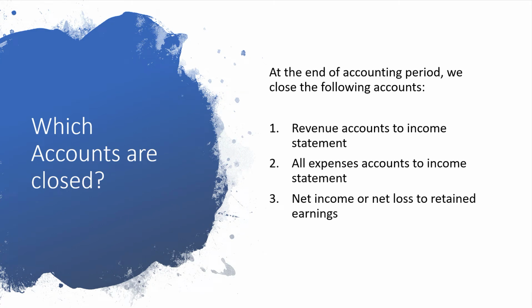So first of all, let's see which accounts are closed at the end of the accounting period. Normally these three types of accounts are closed: all the revenue accounts, all expense accounts, and the net income or net loss. We have two types of accounts.